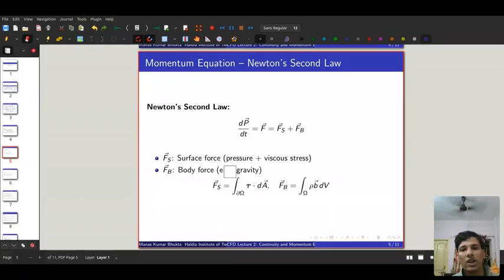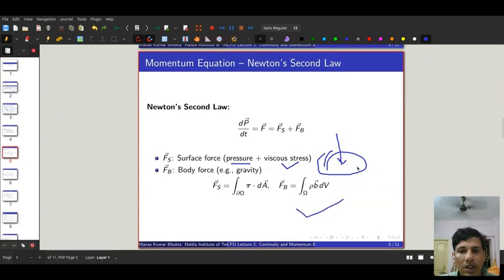There are two types of surface force: pressure force, which you already know, and the viscous stress. And body force, you know, the gravity. For the analysis in fluid mechanics problems, gravity is the main body force, which will be applied at the center of gravity of any object or any body or any fluid container.